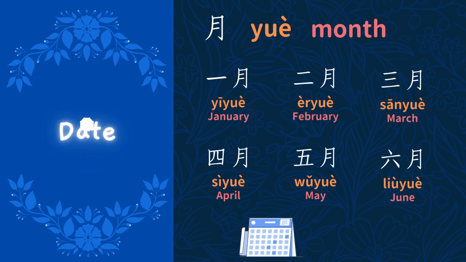March, 三月. April, 四月. May, 五月. June, 六月.